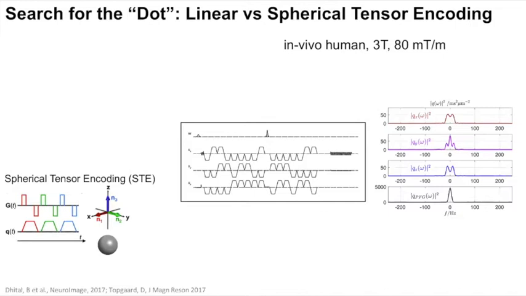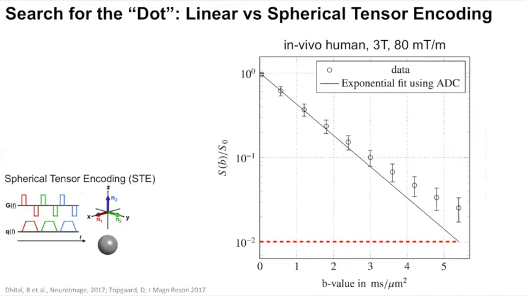There was previous work that looked at this dot compartment with spherical tensor encoding or with isotropic encoding. Those mean the same thing. Basically what they did is they applied a lot of pulse gradients. It's a bit more complicated than the simple scheme here, but what you would do is apply pulse gradients along all 3 axes before you make your measurements, so that you have sensitivity to diffusion in all directions.